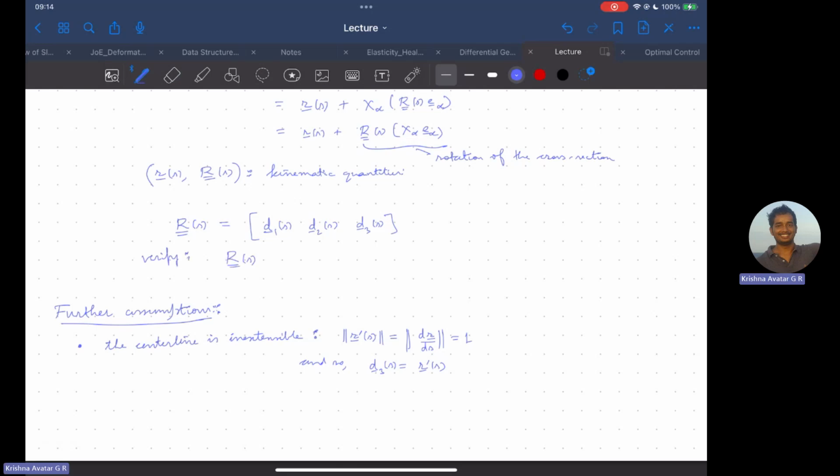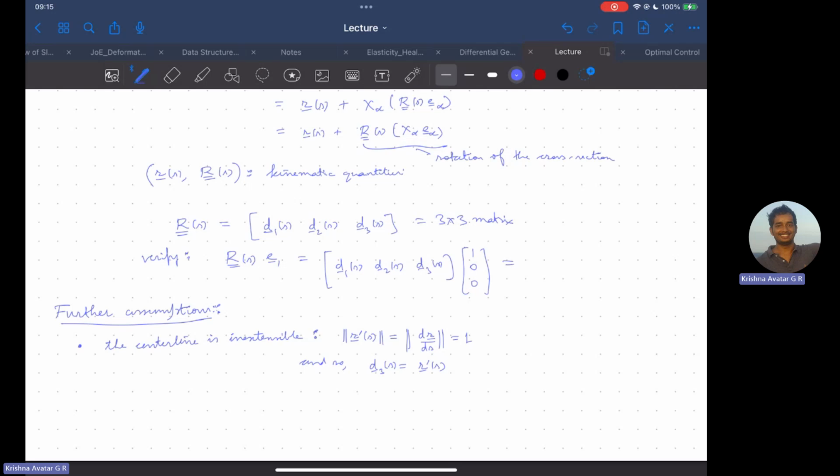So R of s times E1 should give us d1, right? So let's just check. R of s is something like d1 vector, d2, d3. So this is a 3x3 matrix, right? And then we have E1 as 1, 0, 0.